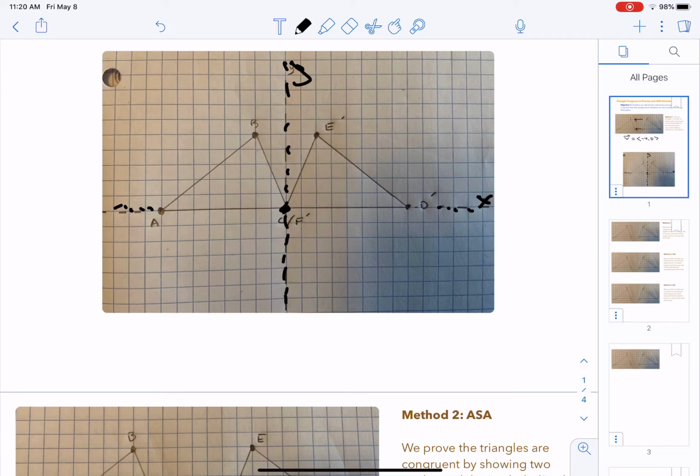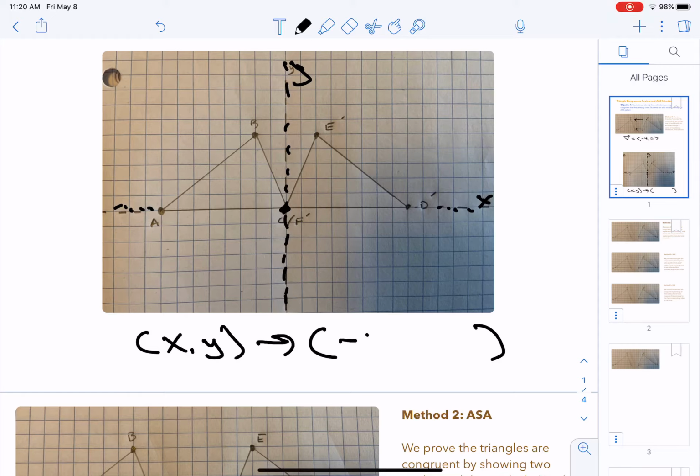You might recall that we can express reflections using algebraic rules. In this case, (x, y) goes to (-x, y), because the x coordinate flips.